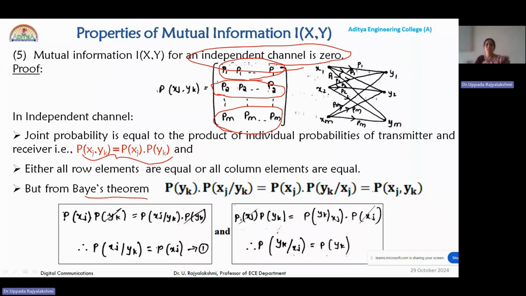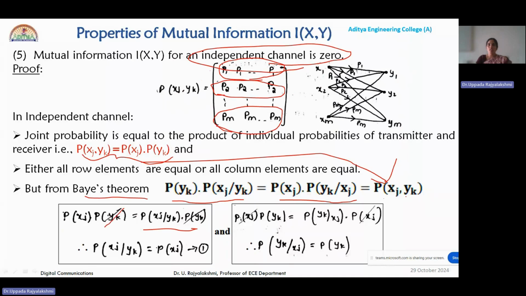But we know from Bayes' theorem that P of xj comma yk is equal to either P of xj into P of yk by xj, or P of yk into P of xj by yk. So upon substituting the independent channel joint probability as P of xj into P of yk, let us take the first term, that is P of yk into P of xj by yk.